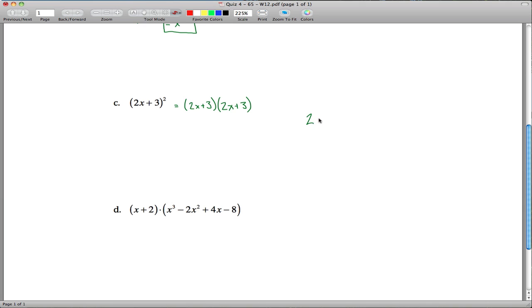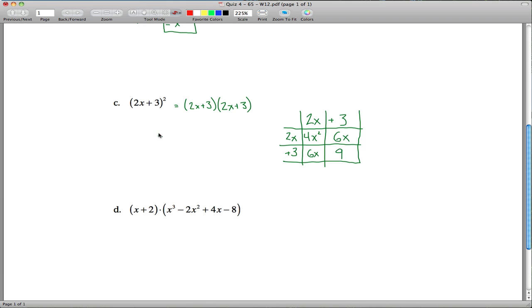I think what I taught you was this box method here. You write 2x plus 3 here, and 2x plus 3 here, and you make this little grid. And then you fill in all the boxes. So 2x times 2x is 4x squared, 2x times 3 is 6x, 2x times 3 is 6x, and 3 times 3 is 9.